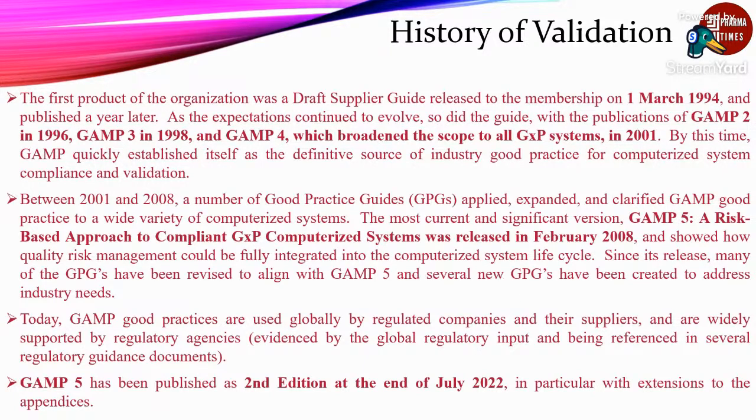So today we are using GAMP 5, which was published in February 2008, and the revised version, the second edition, at the end of July 2022. It means recently, before 2 months ago.